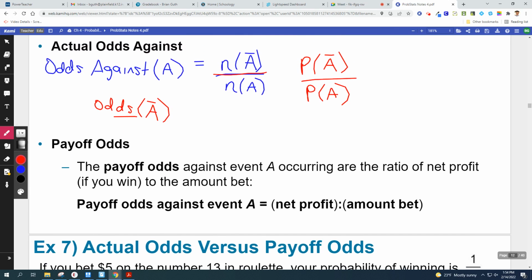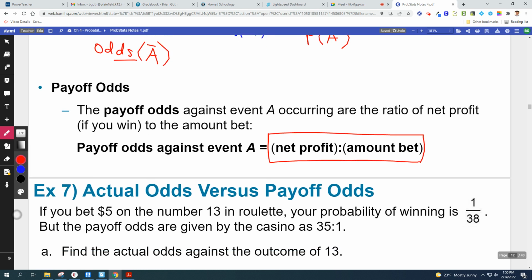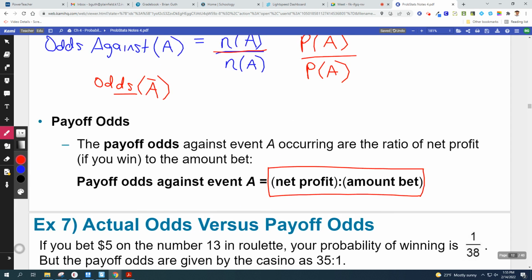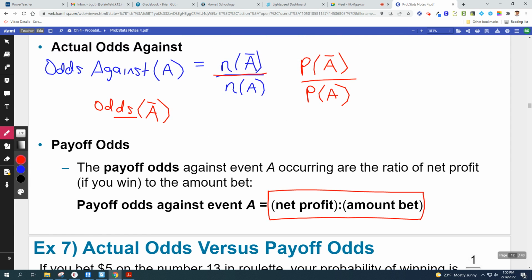Now the payoff odds, okay, the payoff odds against event A occurring are the ratio of net profit if you win to the amount bet. Payoff odds against event A equals net profit to the amount bet. So what's tricky here, I think, is we've got actual odds and we've got payoff odds.